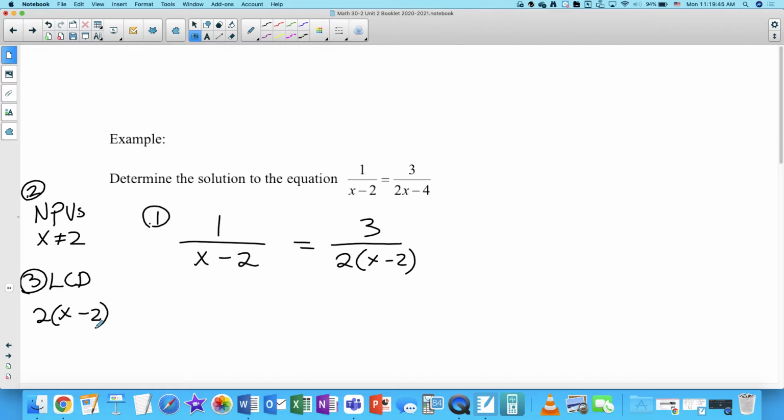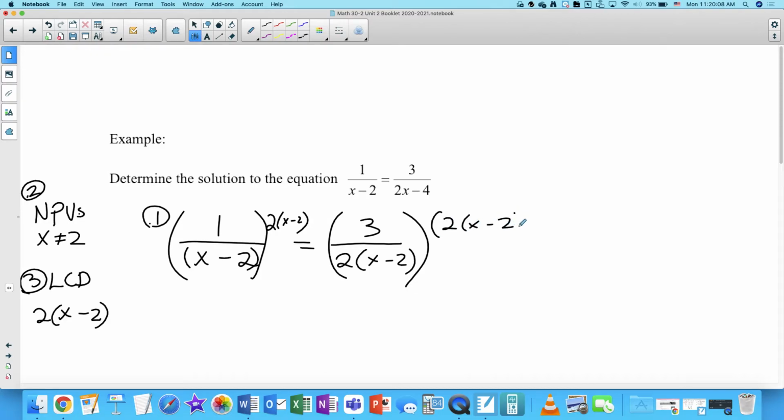If you start with this one, I need an x minus 2. And the second one, I've already got an x minus 2, but I'm missing the 2. We're going to multiply everything by that, so I'll multiply this side by 2 times x minus 2 and 2 times x minus 2.